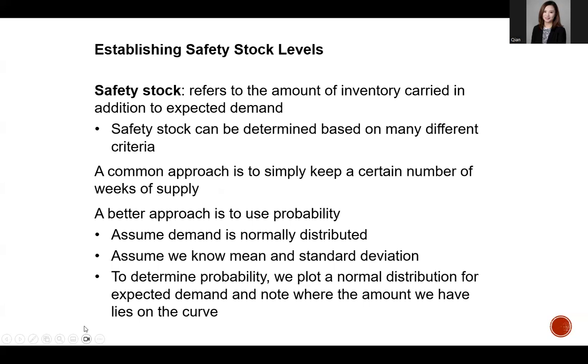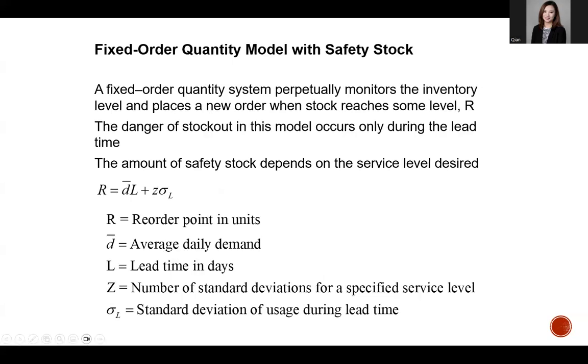Then another calculation from chapter 20 comes for the safety stock and the reorder point. This is how we find the reorder point. We consider what service level you desire and how many units you need during the lead time. This is another formula you may need to apply for exam 3 in terms of chapter 20.